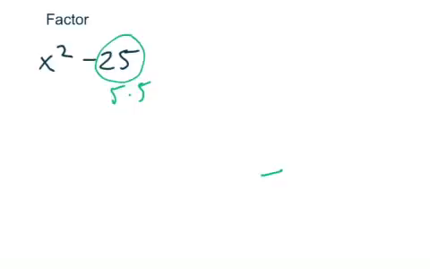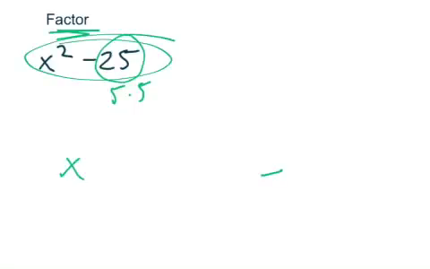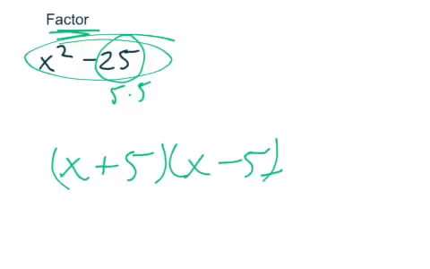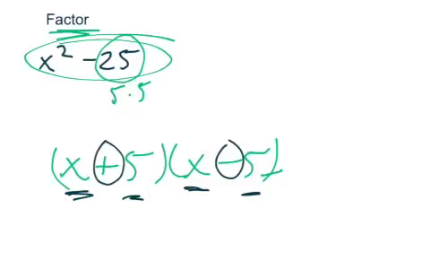So if I was asked to factor this right here, wouldn't I just simply go x plus 5 times x minus 5? Again, I kept the x's the same. I kept the numbers the same. I just made sure one was plus and one was minus. In this case, in other words, 5 minus 5 is 0. And this is how you factor a difference of two squares.